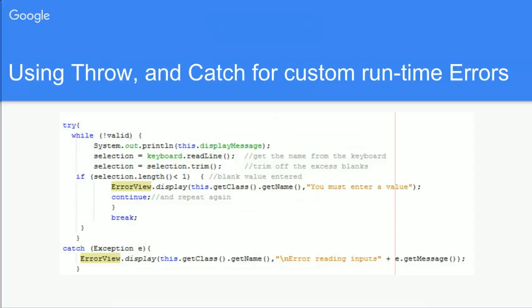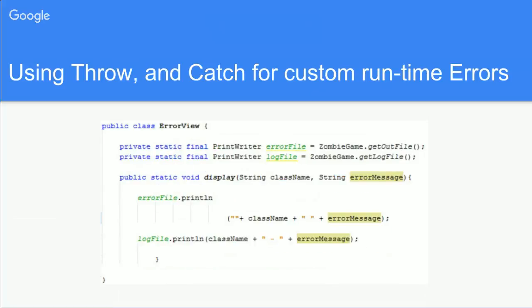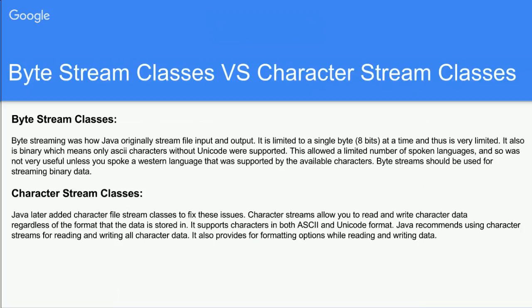So that was handy for that. And there's a look at the actual error view class where the error log file and log file are made, and what gets sent to them. Pretty handy little tools.